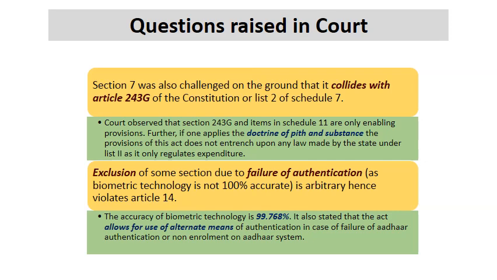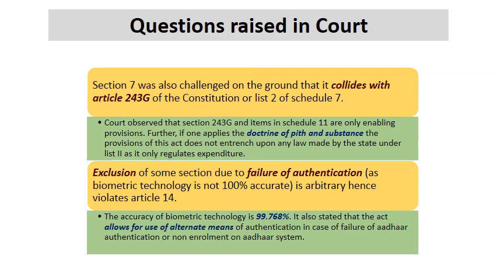The doctrine of pith and substance checks the true nature of an act. By true nature, what I mean is the core provision of the act. If the core provision of the act intrudes upon any matter that is under List 2, then the act will be said to be intruding upon the power of another organ of the government.